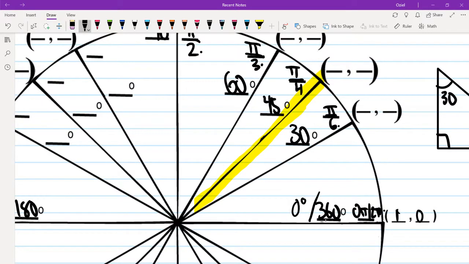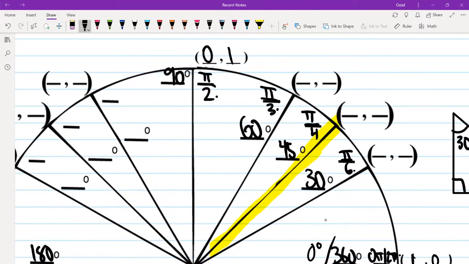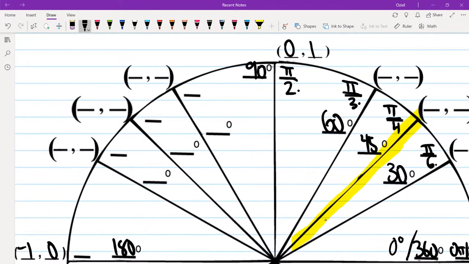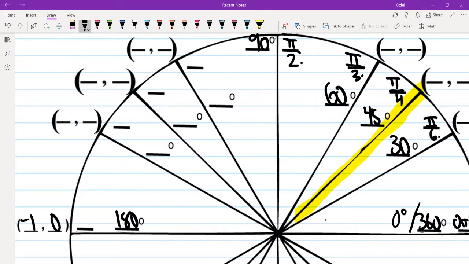Since it starts and ends here, going on over here you would have 90, and the way I like to do this part is from 60 to 90, you went up by 30, so from 90 to over here, you would go up by 30, so it would be 120.